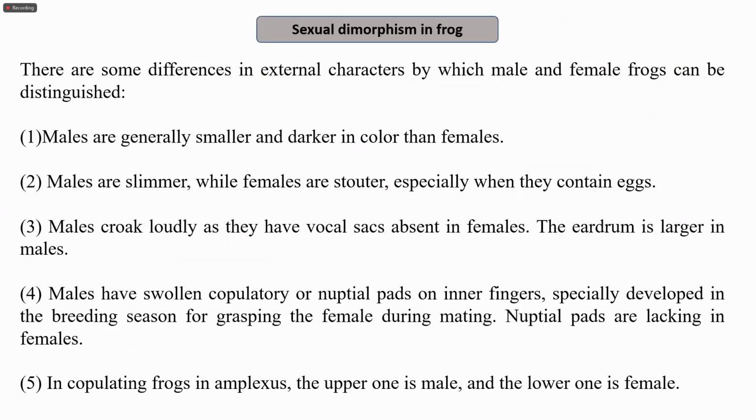Now, very important thing, whatever we have learned till now will help in differentiating between the male and female frogs. So, sexual dimorphism. What is sexual dimorphism? Sexual dimorphism is the ability to distinguish between male and female organisms of the same species by looking at external features.